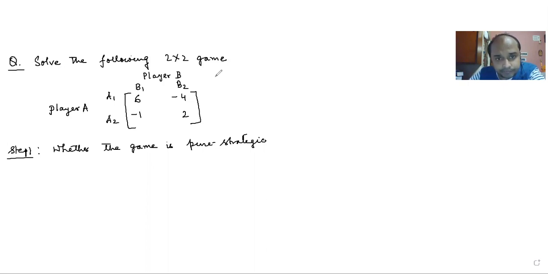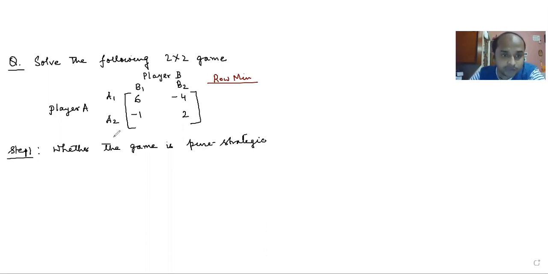So row minimum. It may so happen that a 2x2 matrix has been given to you which is already pure strategic, but you have not checked and you have applied the formula over there, then the value which you will obtain will be garbage value.